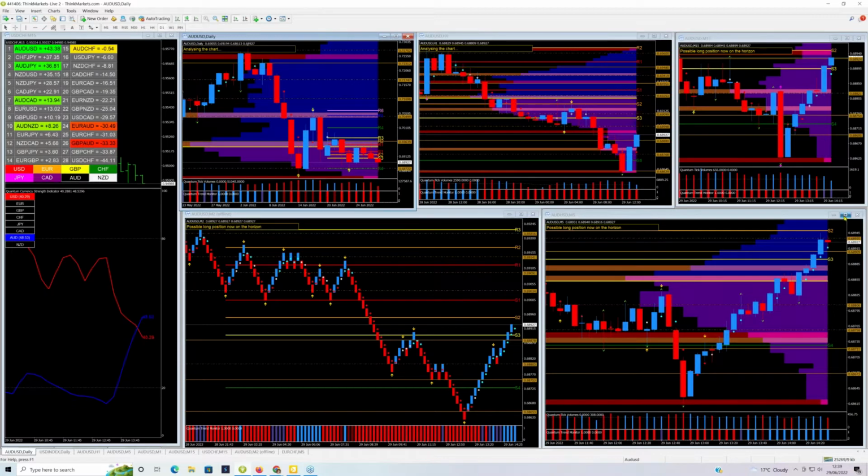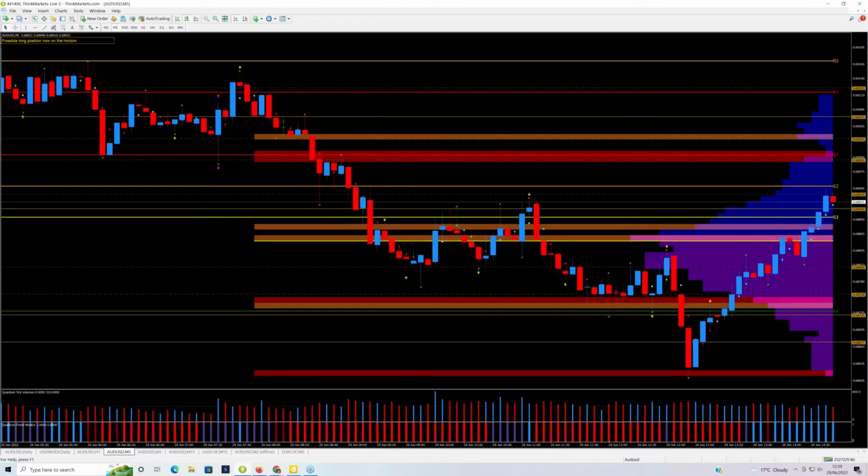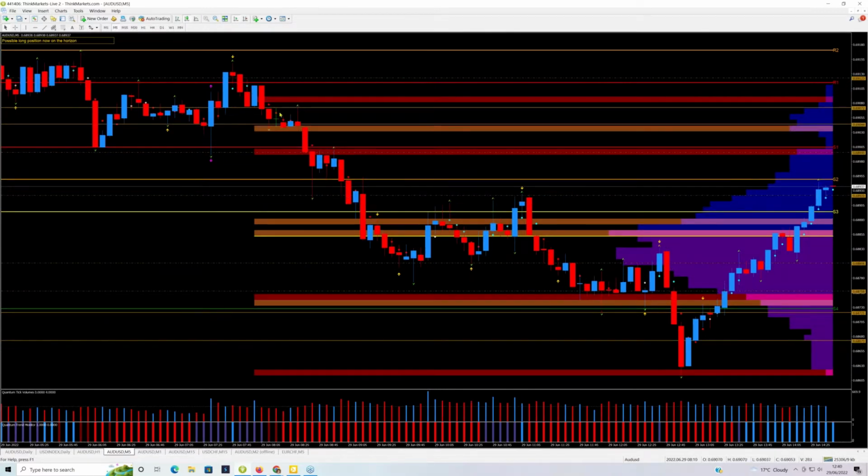And I'm going to work backwards, and we have a really good example of this morning. This is not in real time. You've got to take 2 hours off the timestamp on the MT4 platform. This was actually a nice move lower. It was coming towards the end of the Asian session.